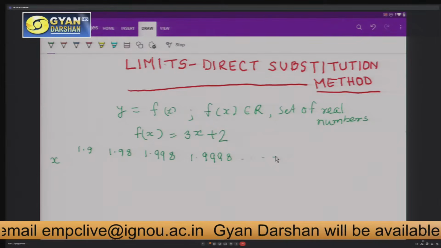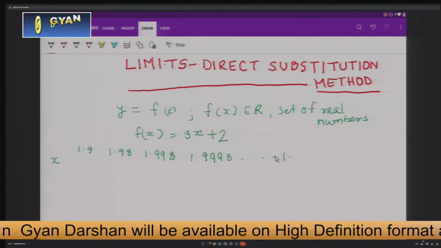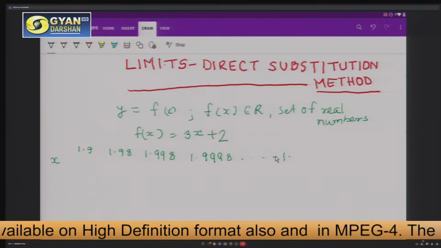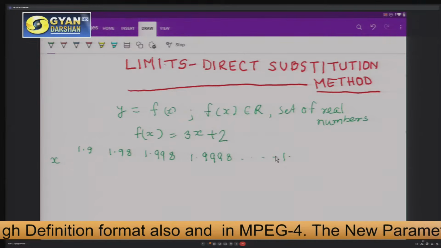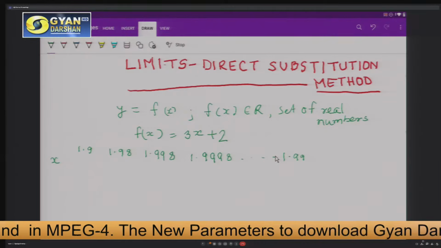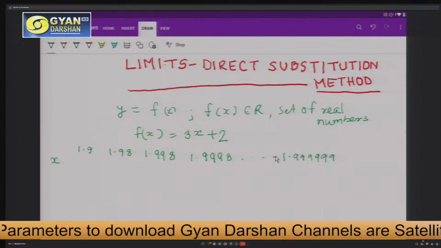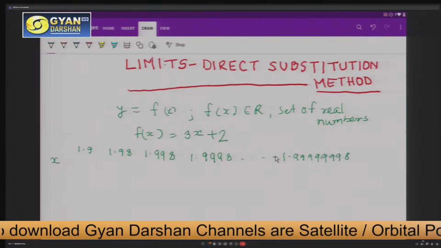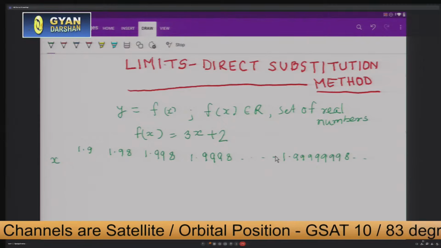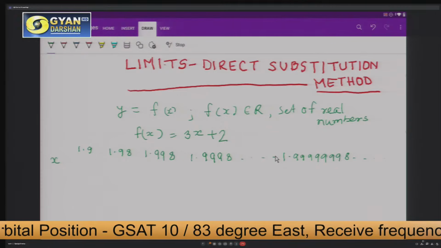What we are doing is taking values of x nearer to 2 but lower than 2. So these are the values of x.